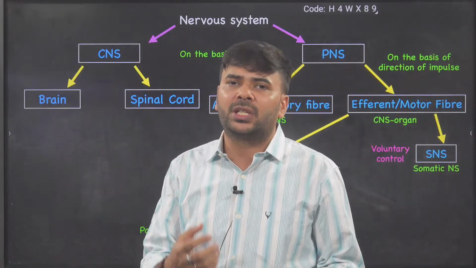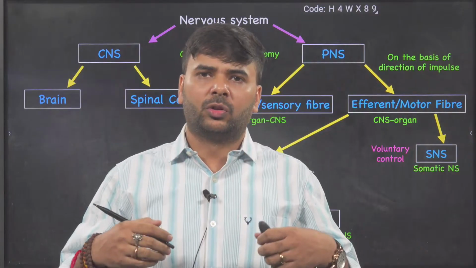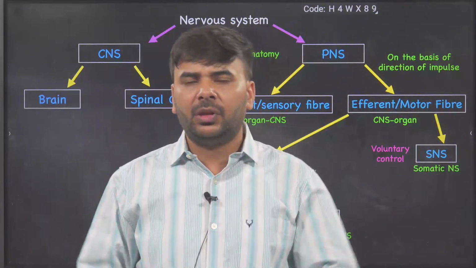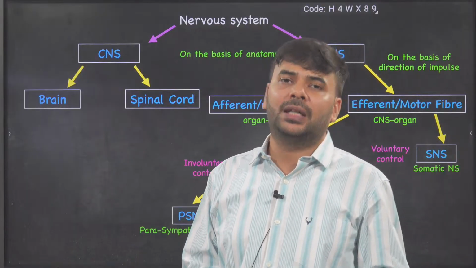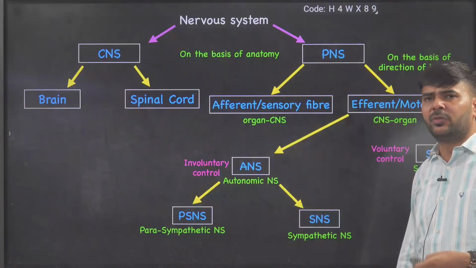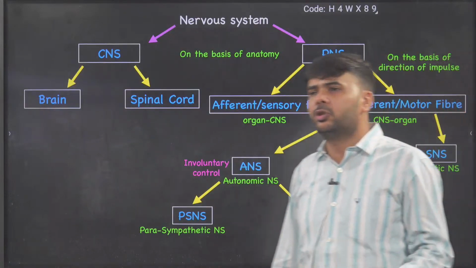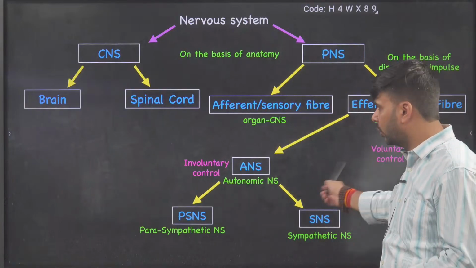Suppose just before an exam, just before any show, when you are going to dance on any platform, when you are going to perform anything, at that time the sympathetic nervous system starts in your body, and it provides a type of support to your body. I think this basic classification is clear to all of you.